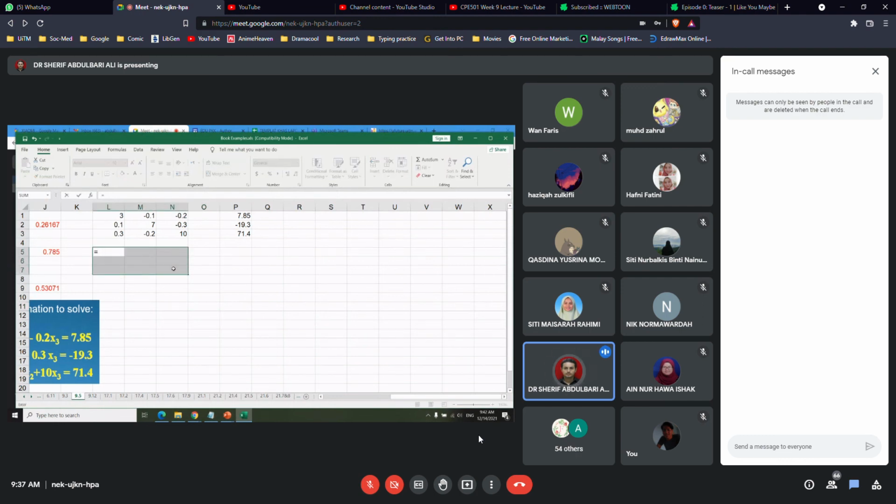Write equals MINVERSE, highlight the cells, Control Shift and Enter. And here it's equal to MMULT, matrix multiplication. Highlight the first matrix, comma, highlight the second matrix, and Control Shift and Enter.